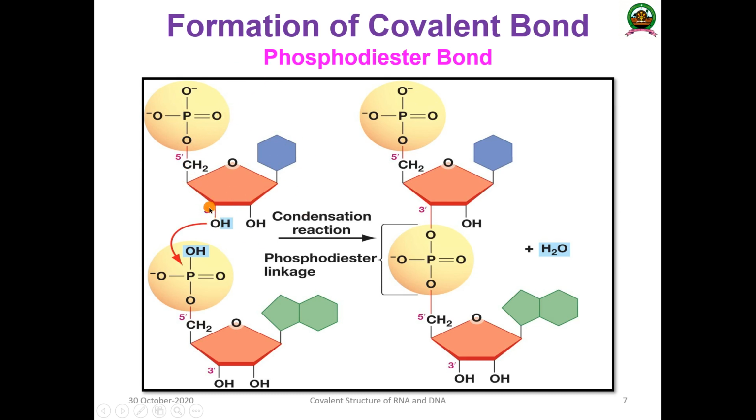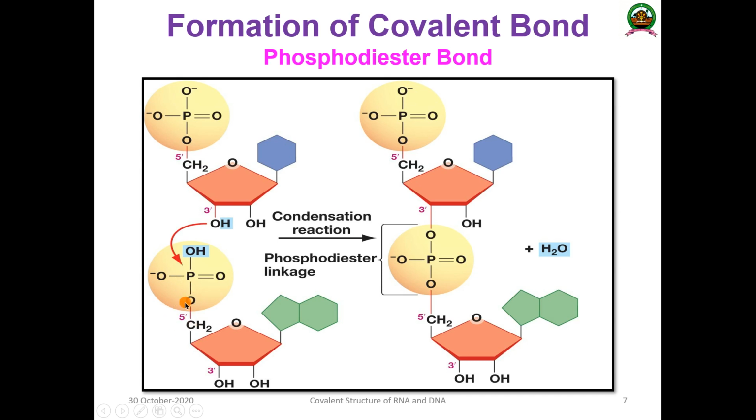The C3 position of one nucleotide will interact with the second nucleotide, where there is a sugar. Here you can see C1, C2, C3, C4, C5. In C5 you can see CH2OH.